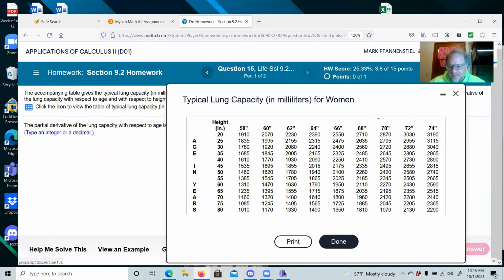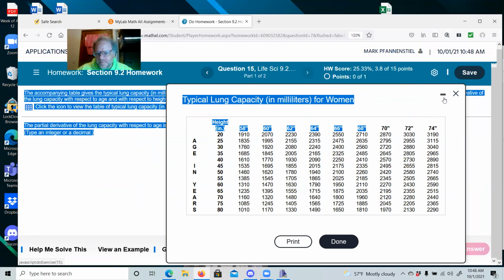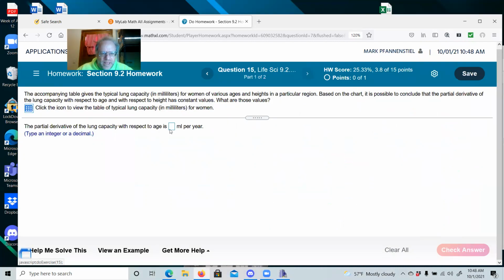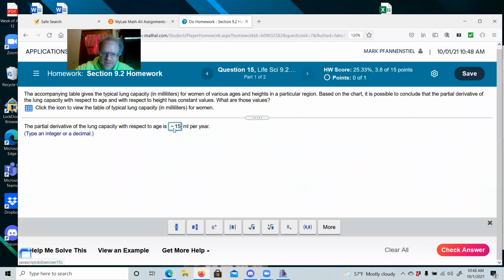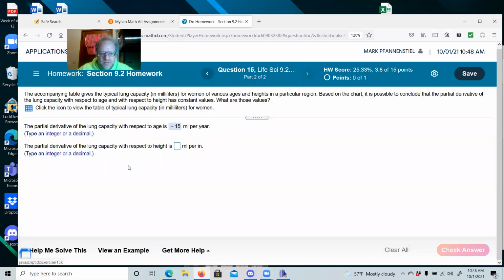Okay. So negative 15 milliliters per year. Now the partial derivative of lung capacity with respect to height.